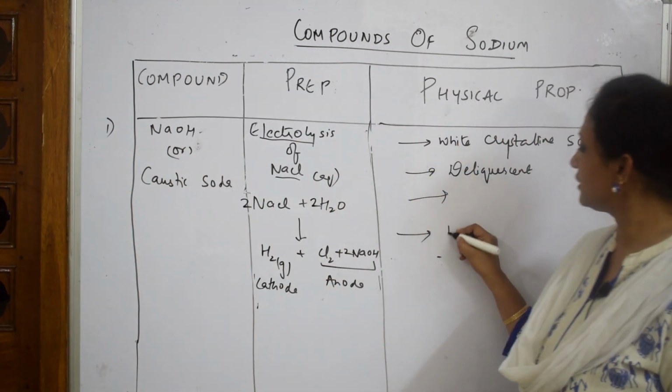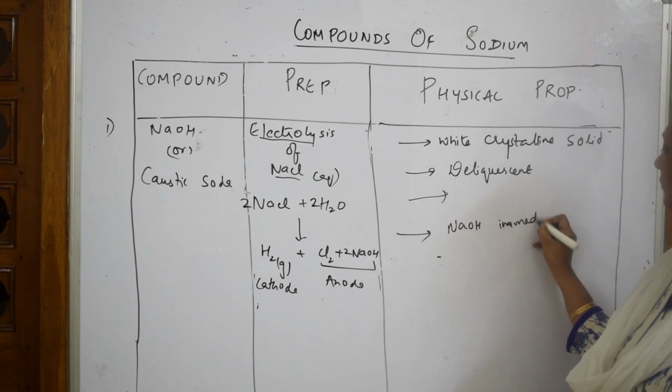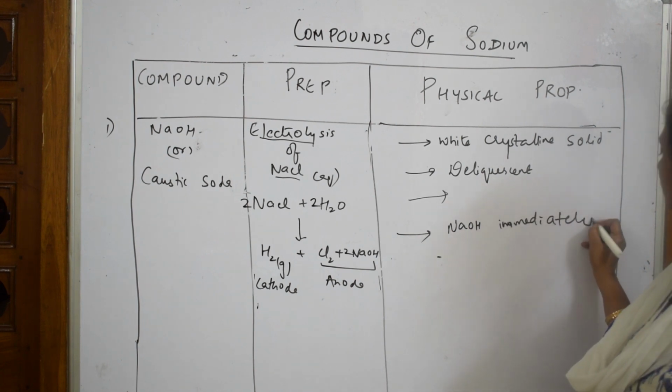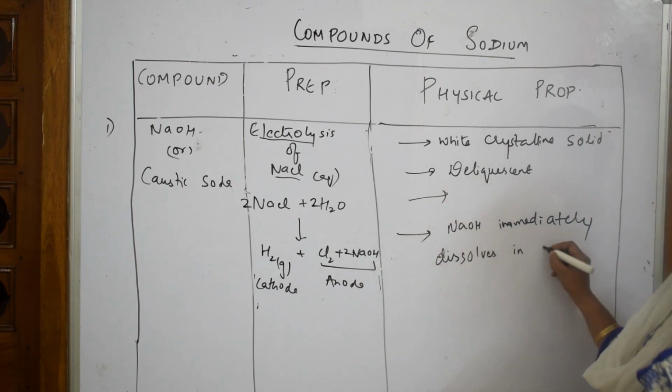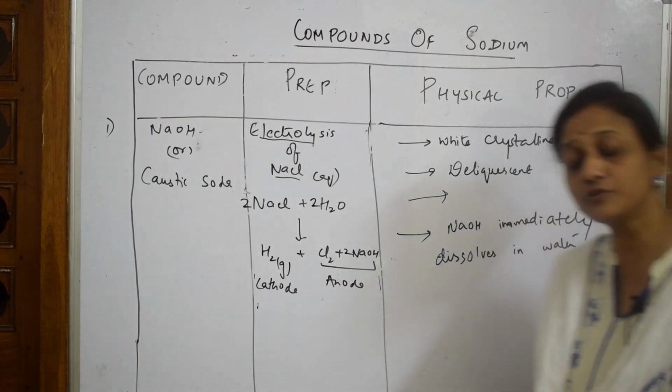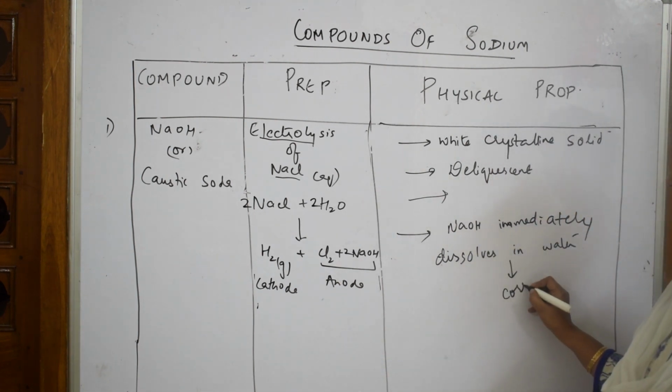So what should we write? Sodium hydroxide immediately dissolves in water, or is soluble in water. It forms an alkaline solution. That alkaline solution is very corrosive in nature.